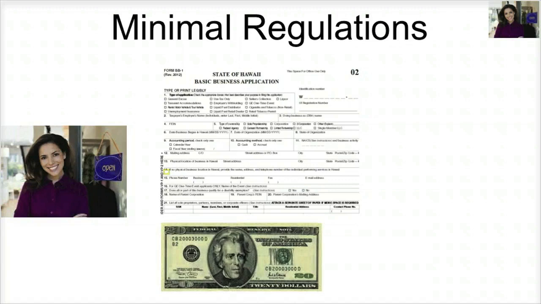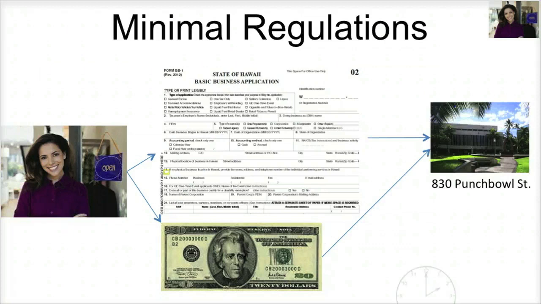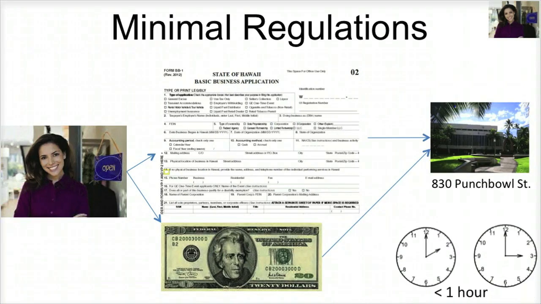For example, in Hawaii, a new sole proprietor need only complete and submit the State of Hawaii Basic Business Application, Form BB1, and pay a one-time $20 license fee. The whole application and approval process can take less than an hour. The easy setup for sole proprietorships is a definite advantage of this structure type.